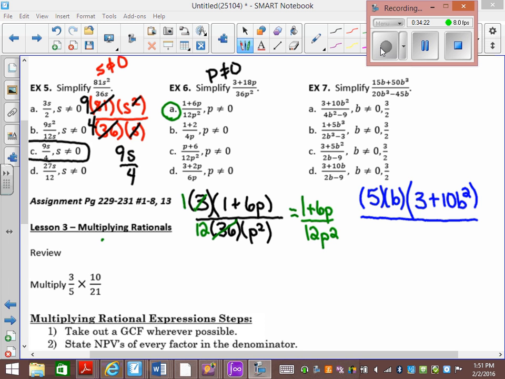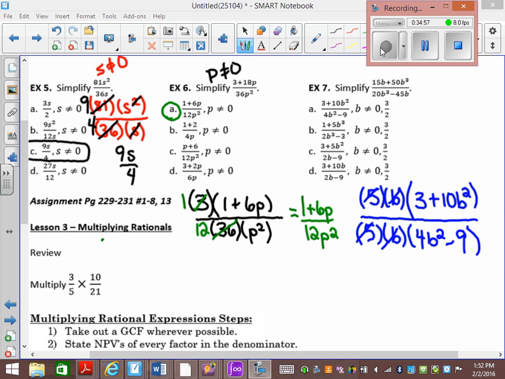The bottom, I can take out 5, b, again. And then I'm left with 4b squared minus 9. Cancel, cancel, cancel, cancel. It's going to be A.